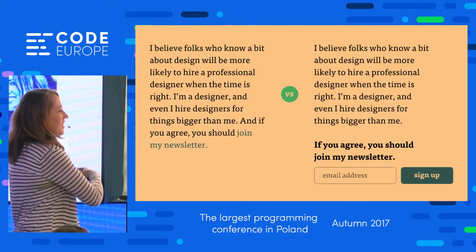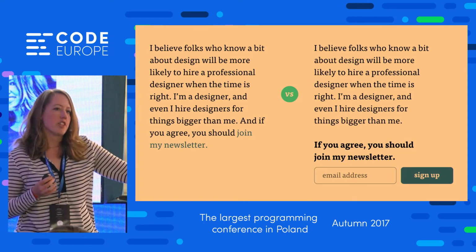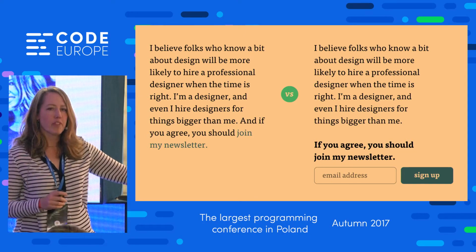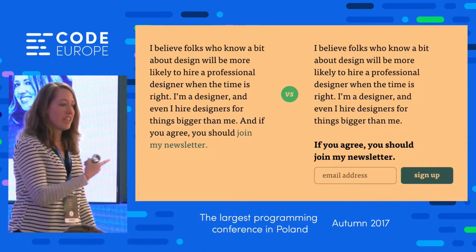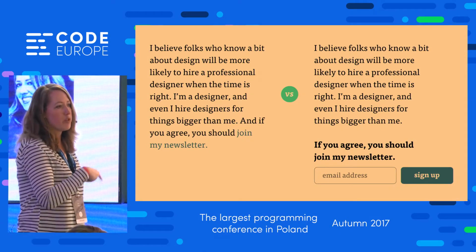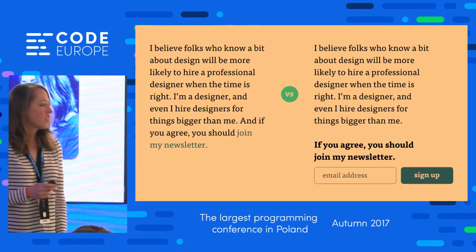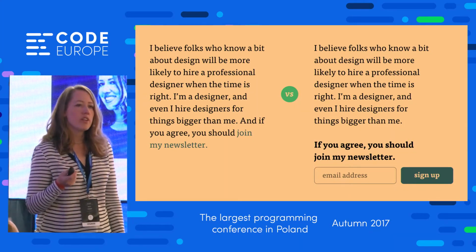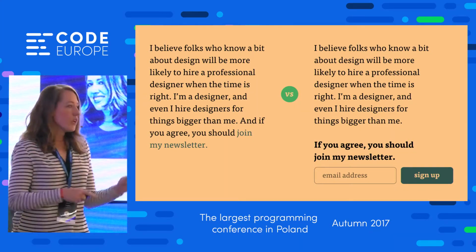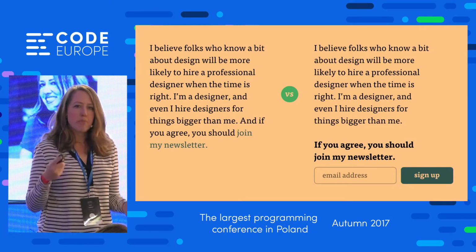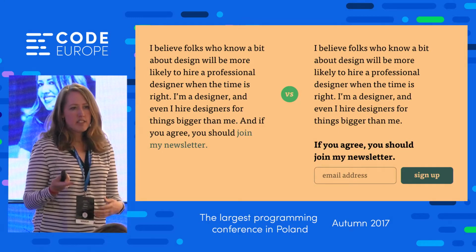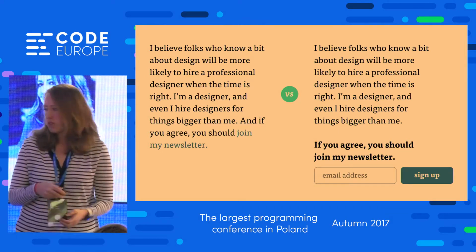But if you take that and you make it its own section, you add a headline, you put the form in there, you use a button that looks like a button, you're going to improve the amount of people who give you their email address. Don't hide these actions. And when you're creating design, don't just look at the visual design, but look at what you want people to do and make sure that it is easy and convenient for them to do it.